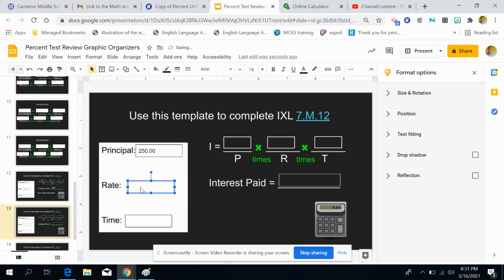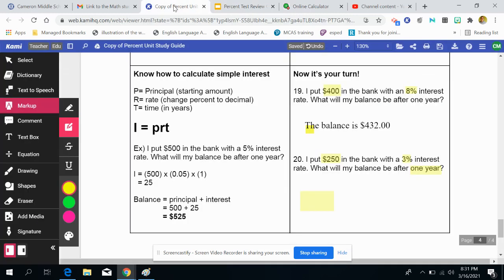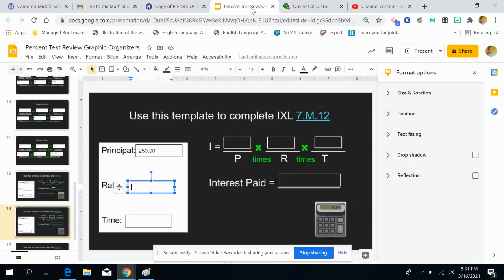My rate, let me look back. I forget what my rate was. My rate was 3%. And you remember, we have to convert that to a decimal by moving the decimal point 2 spaces to the left. So 3% as a decimal is 0.03. And my time was 1 year, which is 1.